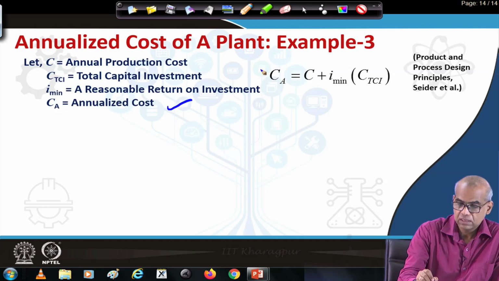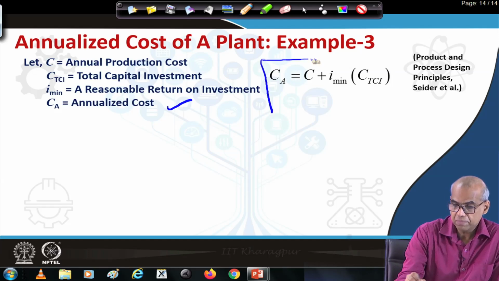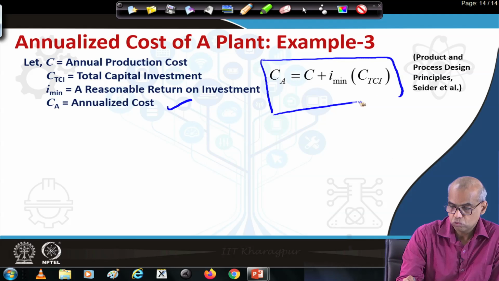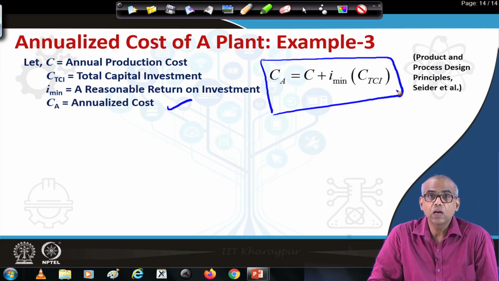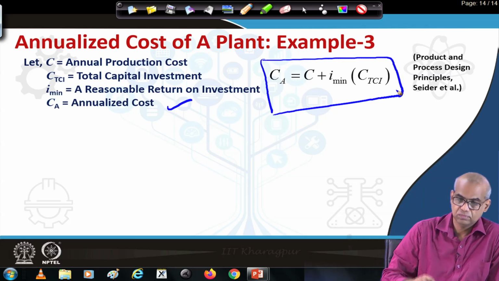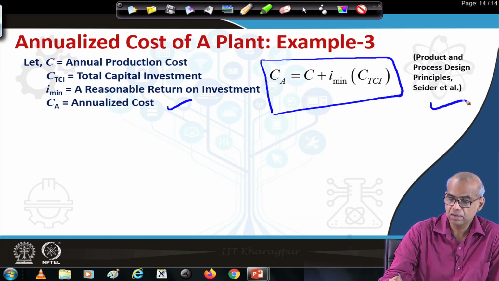Then we have this formula which relates annualized cost with annual production cost, rate of return and total capital investment. The reference is given here.